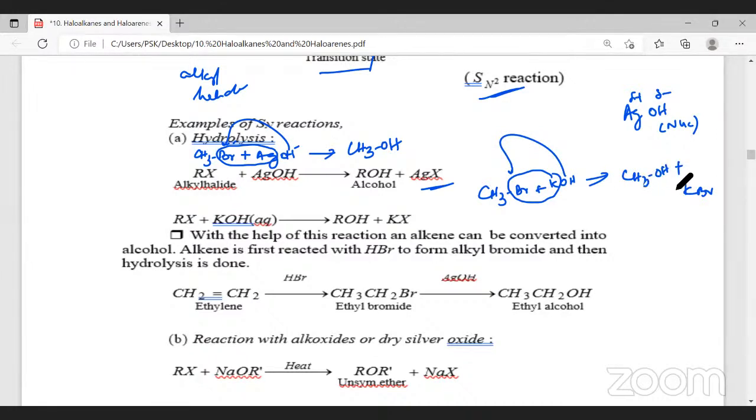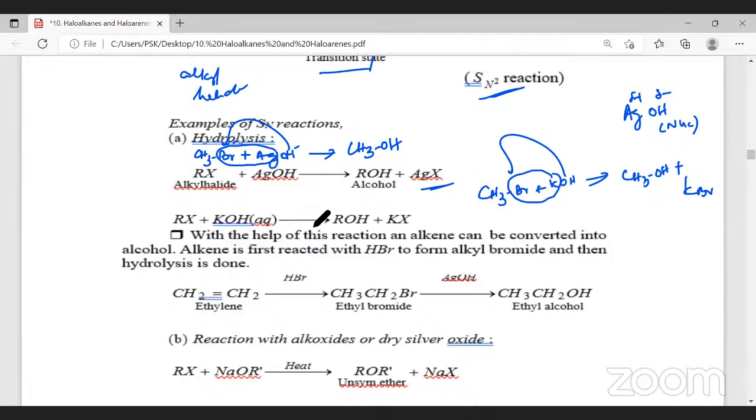So when alkyl halides are allowed to react with a base like silver hydroxide or potassium hydroxide, a nucleophilic substitution reaction takes place, forming alcohols. So this is the first reaction. Whether SN1 or SN2, the products are always alcohols.